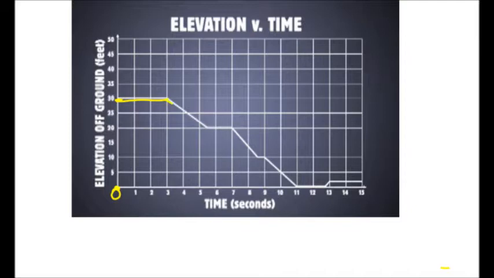Then he went down the stairs for a few seconds, turned around on that platform, so he was still at this elevation as time was going on. He went down a couple more stairs, stayed on that platform and turned around again, went down, and now here he is on the ground, walking in the parking lot. And then this is when he did that little jump up onto the sidewalk, and then he kept walking.